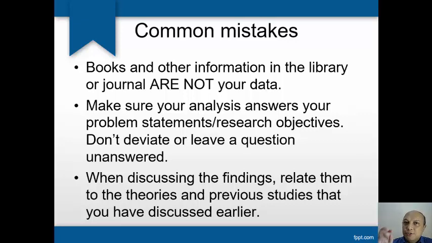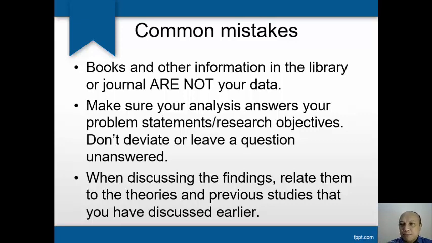Once you step into chapter 4, in which you discuss the analysis and the findings, make sure that every analysis is directed to each of the research objectives that you have stated in your chapter 1. If necessary, you rewrite the objectives so that you won't miss them.